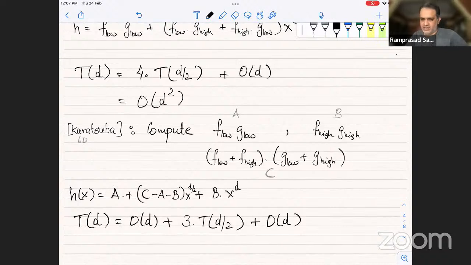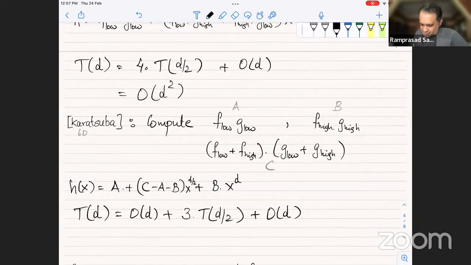What do you get when you solve this recurrence? You can try this out, and you end up with something like log 3 by log 2, or log 3 base 2.